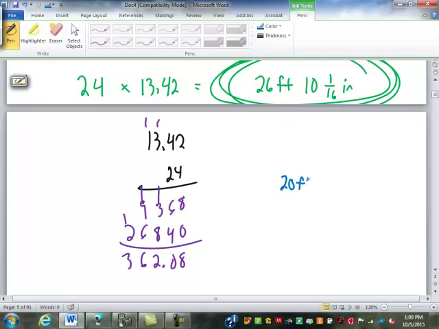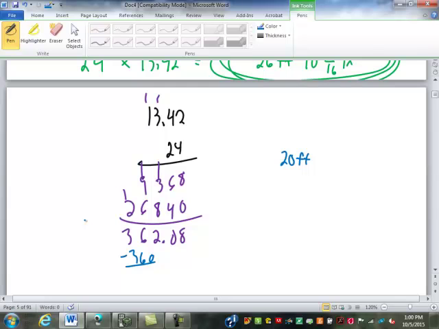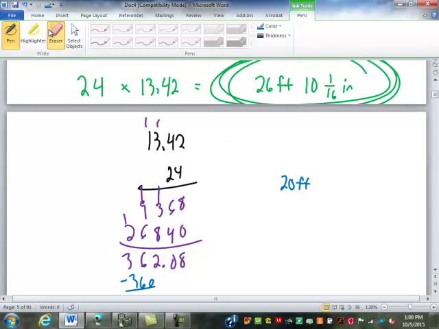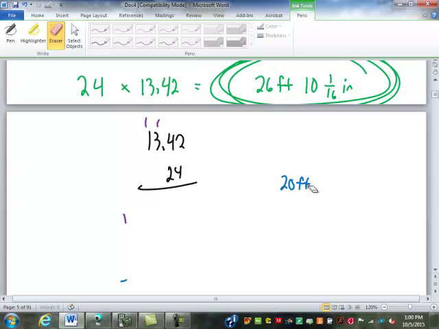So they'd take out 20 feet and then subtract 360 inches. What's that? I did something wrong there. Let me remultiply that. Don't know what didn't come out there, but it's not coming out.